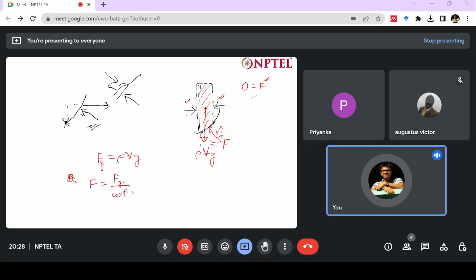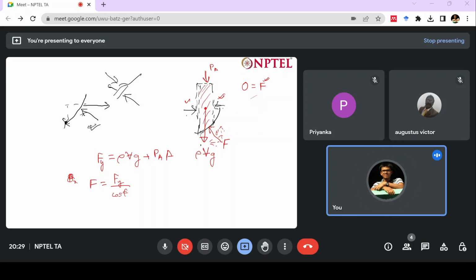If you have a pressurized chamber in this particular case, then you have to calculate the force due to the gauge pressure. So there will be an additional force. Nothing else will change. If you have a closed surface, there is no problem. If you have a pressurized chamber with some gauge pressure PA acting on this, you need to simply add this PA into the surface area A to this equation.